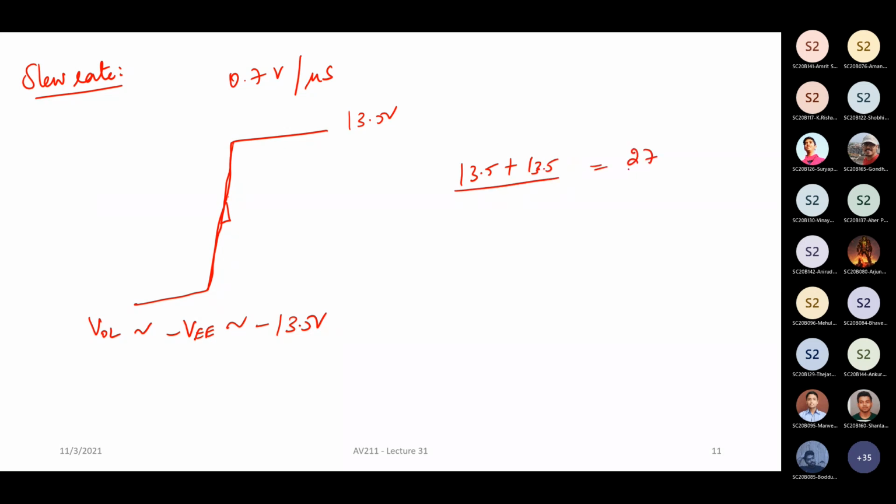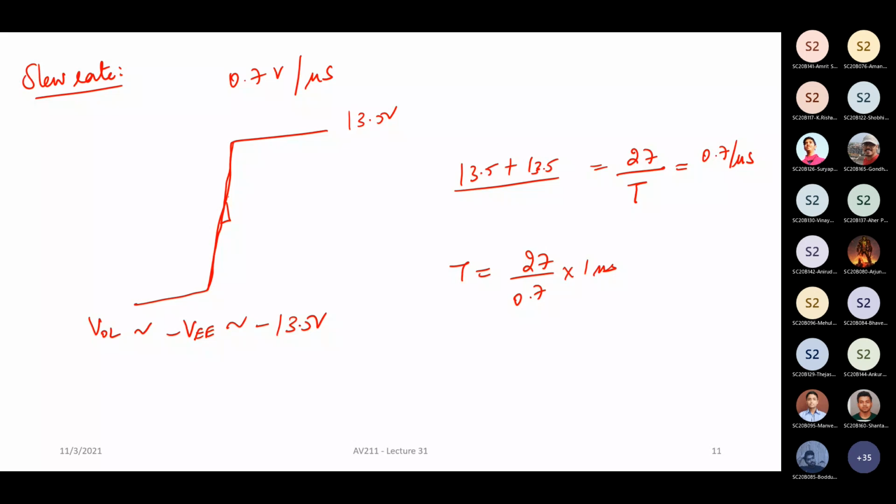And how much time does it take? Let's say time is t. The rate that is given is basically 0.7 volt per microsecond, right? So what is the time period here? 27 divided by 0.7 microsecond. Sorry, somewhere it is wrong. This is volt per second, so you have 27 by 0.7 into 1 microsecond.